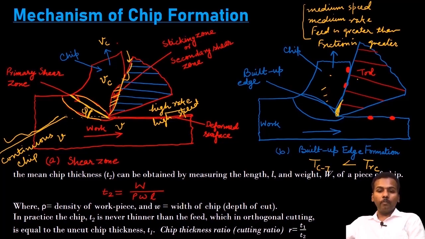And what happened? Because here the hardness is more than here, material will pile together here and a zone of higher hardness will be created, and this piled up material is called built up edge formation.